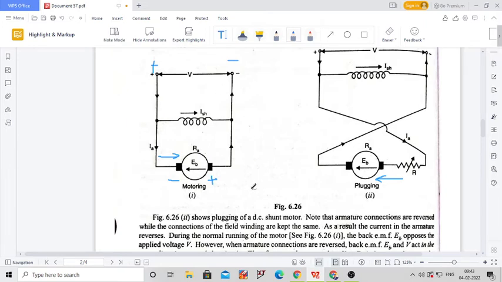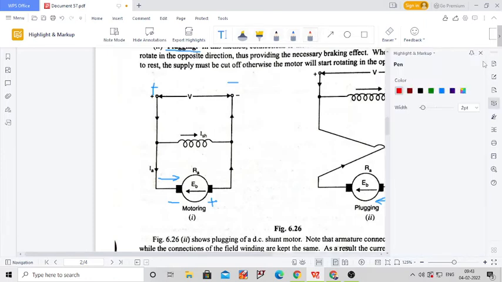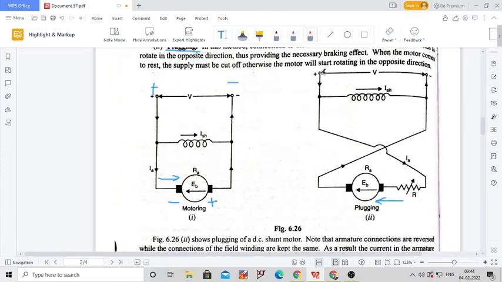Due to reversing the connections of the armature, now you can follow the armature path. So this is the armature path now. The path which I have drawn with the red line is now the armature path. If we apply KVL to this particular path, what will be the KVL equation? Forget about the drop across this, only see the voltage V and EB.